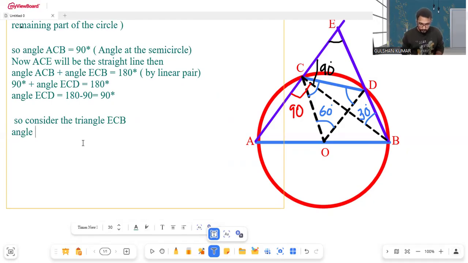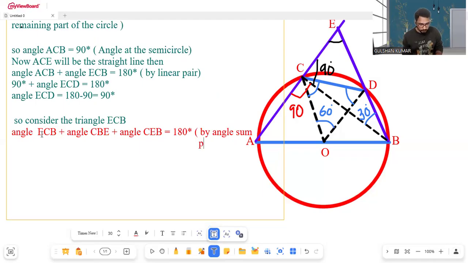Angle ECB plus angle CBE plus angle CEB will be 180 degrees by the angle sum property.